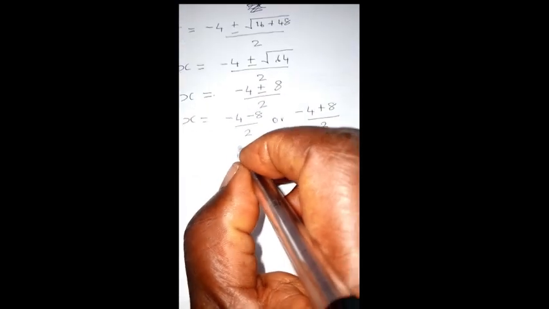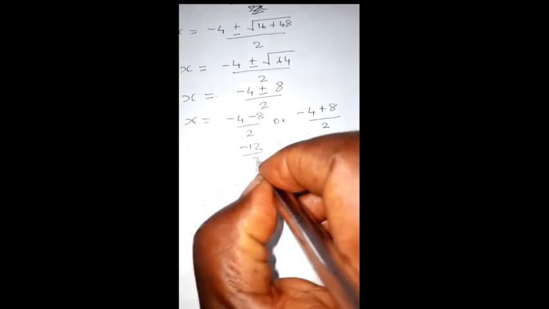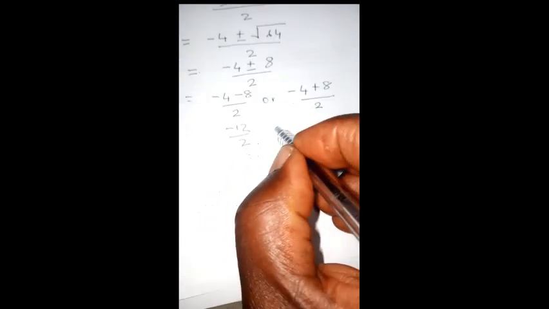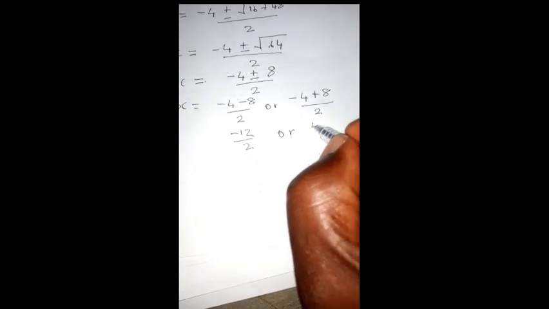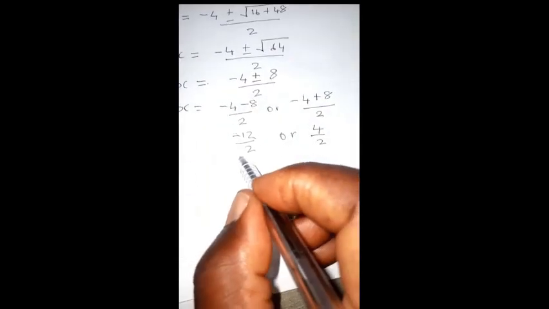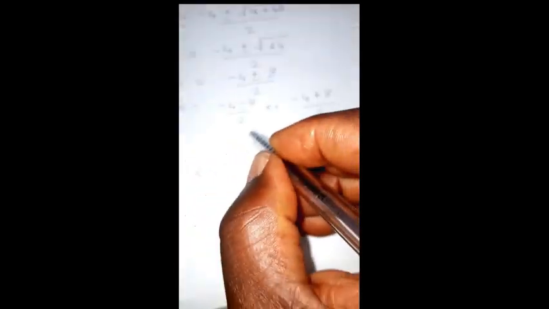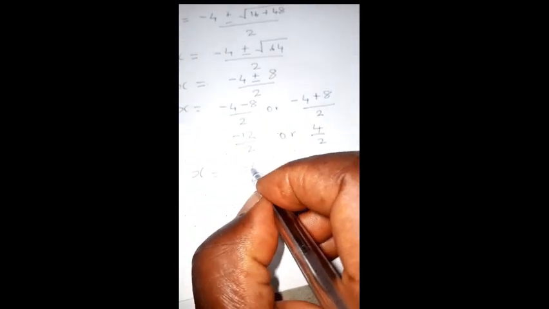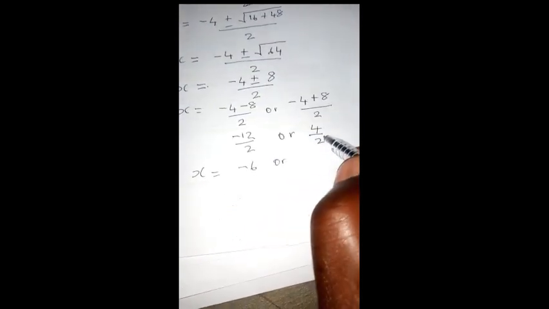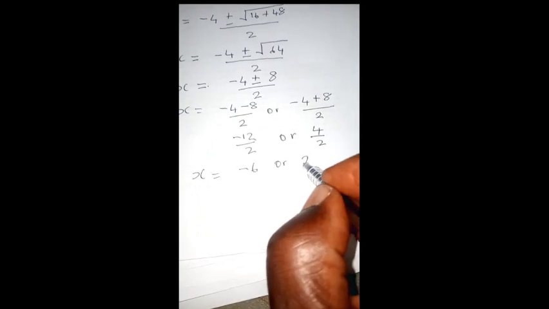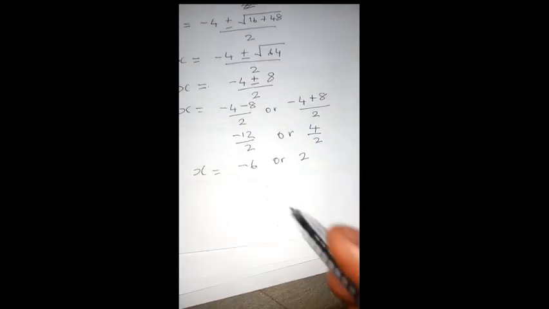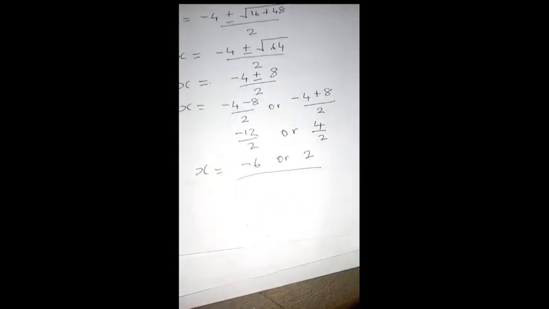Minus 4 minus 8 is minus 12 divided by 2, or minus 4 plus 8 is 4, again divided by 2. So then x is equal to minus 12 divided by 2, which is minus 6, or 4 divided by 2, which is simply 2. This is the solution to this equation.